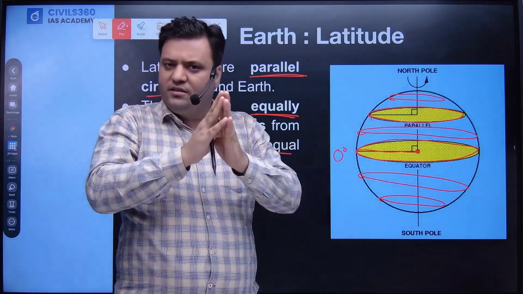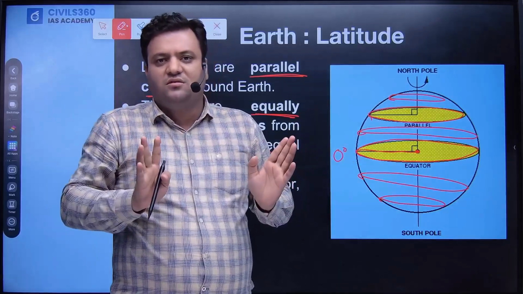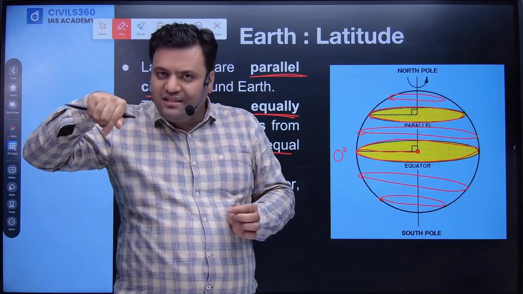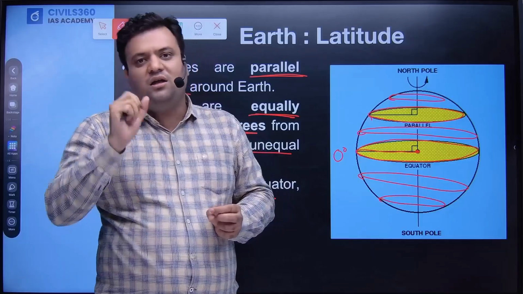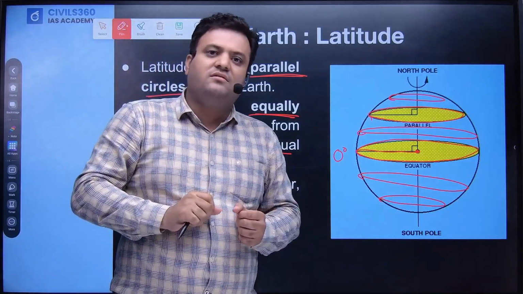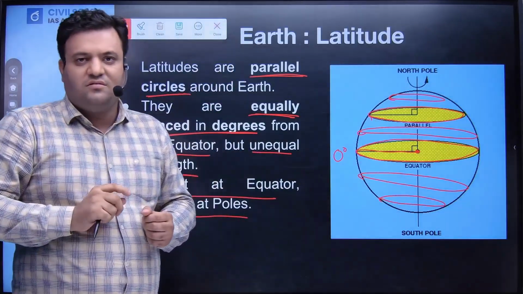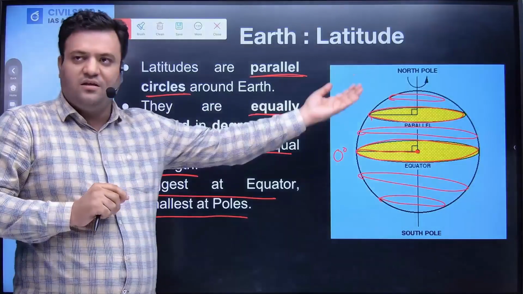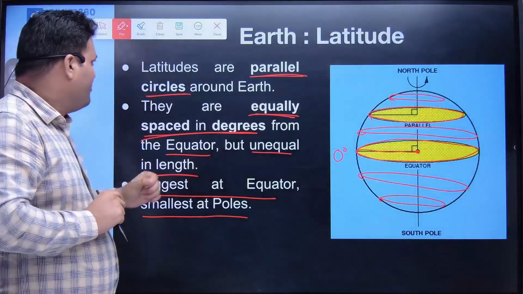So there is a slight variation. So latitudes are parallel, but their circumference, their length, is not equal. They are unequal in length. However, they run parallel. This is the idea about latitude.